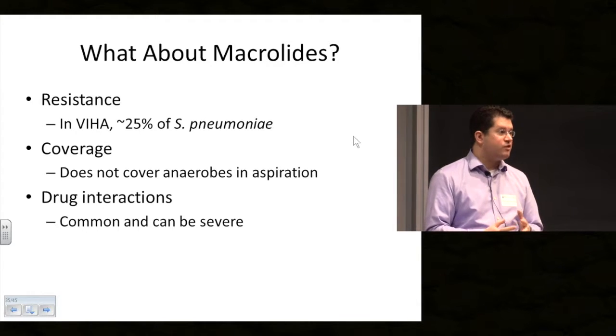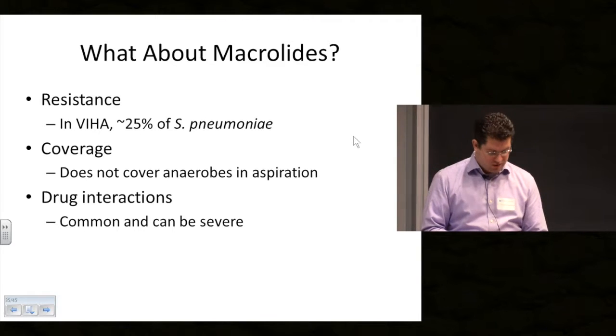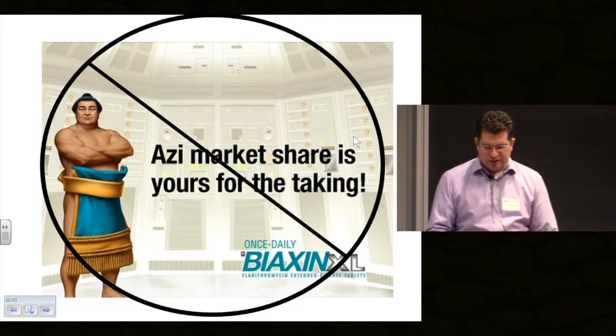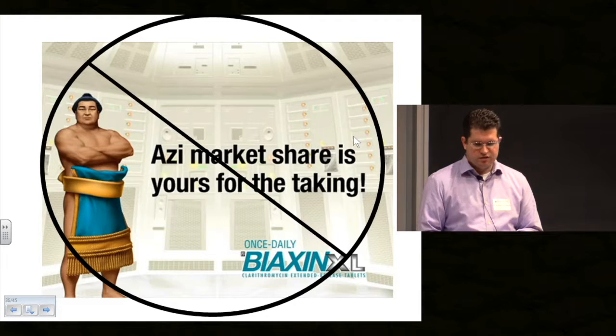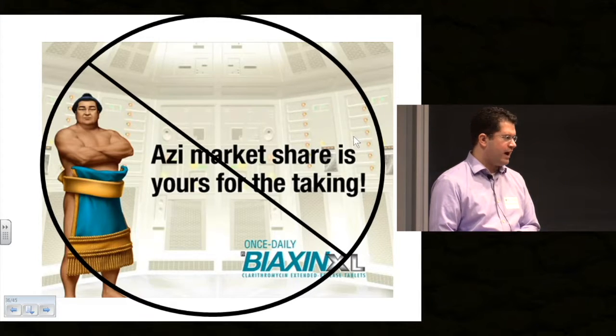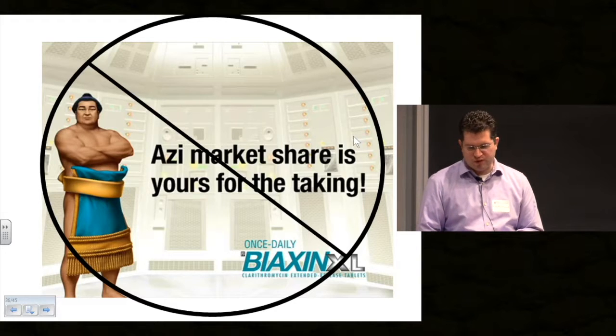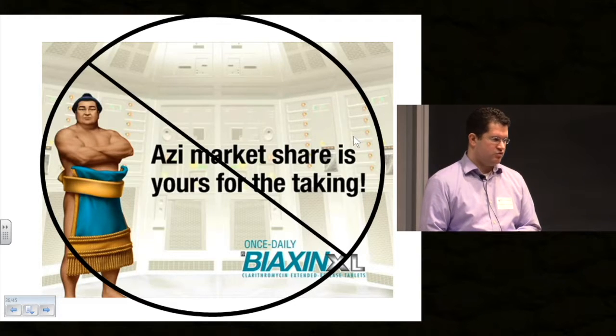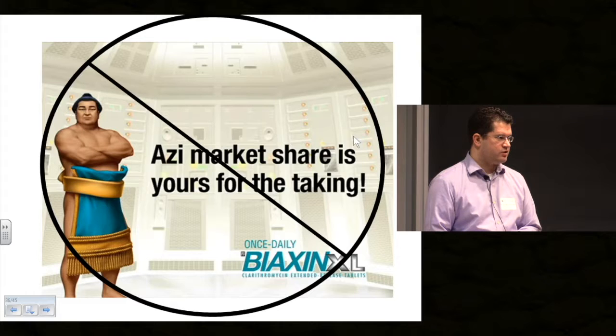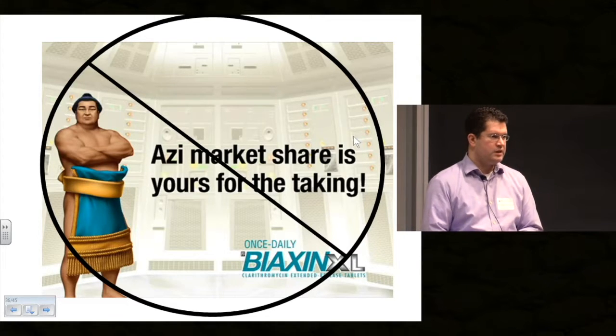And it can have significant drug interactions that are common and severe, particularly clarithromycin. You can see this was for the drug reps. They were advertising that they could go out and take over azithromycin's role with their long-term Biaxin, but there are tons of drug interactions with clarithromycin especially. So it's not really an appropriate drug in many patients with polypharmacy, and not a good drug as far as what it covers.